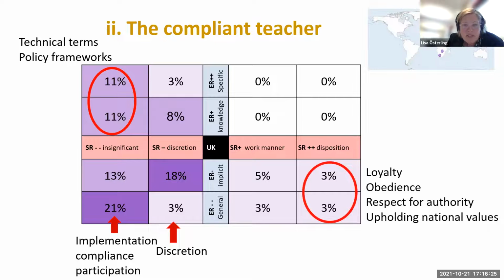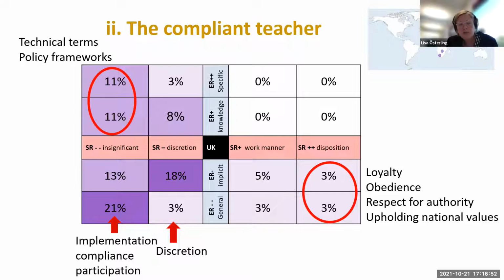So for the compliant teacher, we also found many examples of loyalty, obedience, respect for authority, and upholding national values, which was part of the SR++ disposition. So even though that goes to the totally opposite side of the SR dimension, it still speaks a language of being compliant. On the one hand, do as we say, and on the other hand, be loyal.